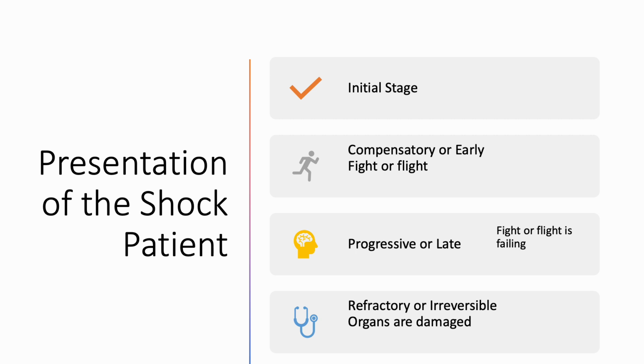In the progressive or late stage, the fight or flight mechanisms now start to fail, leading to worsening symptoms and further decline in perfusion. In the refractory or irreversible stage, the organs are severely damaged and recovery is unlikely even with interventions.